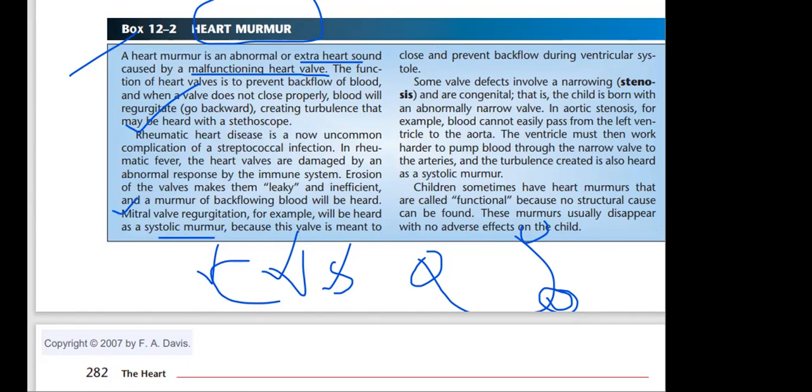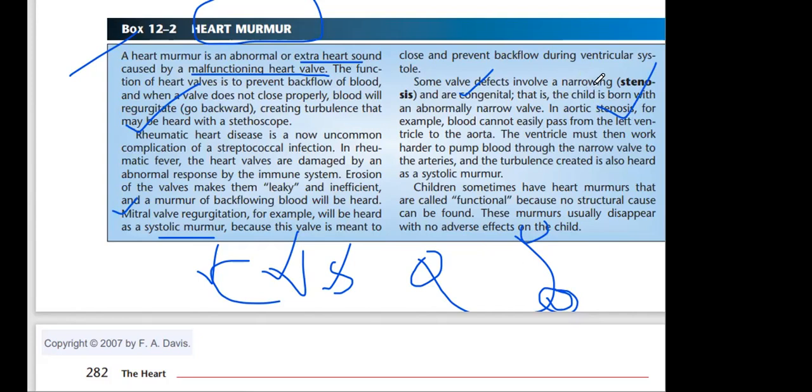In some cases, we have stenosis, which means narrowing. Mostly this is congenital, a disease seen from birth. Another is aortic stenosis. These are the conditions where we hear heart murmurs.